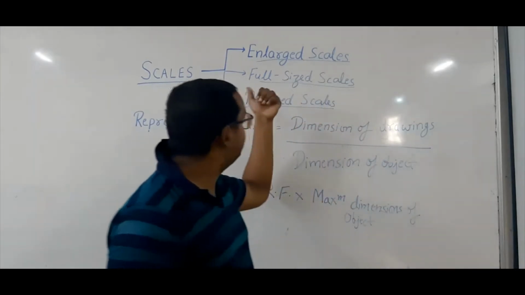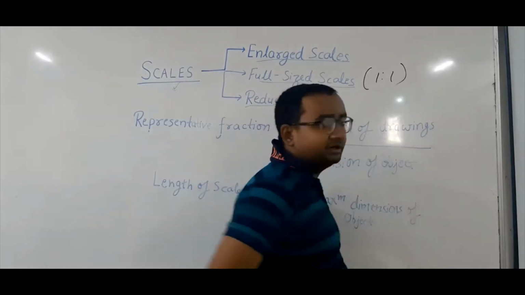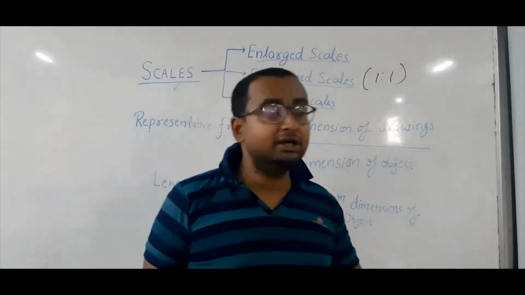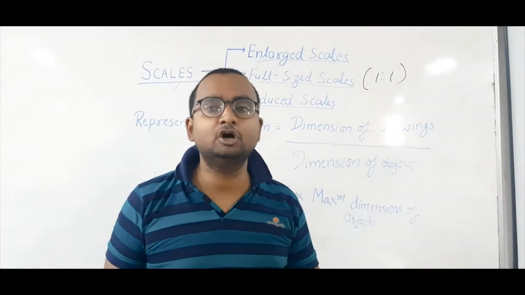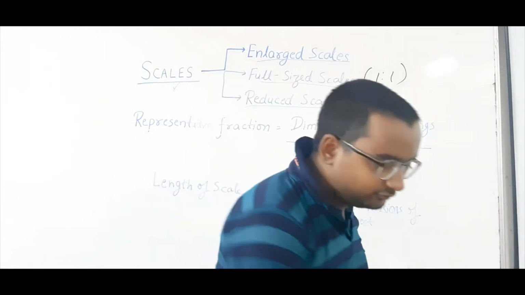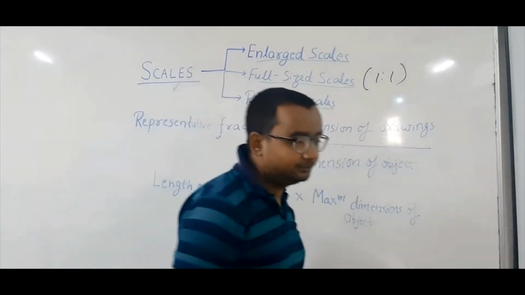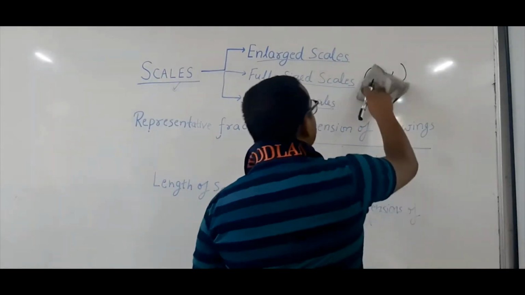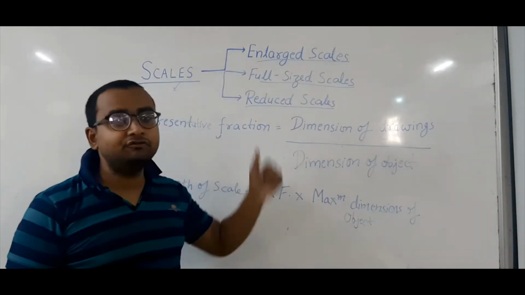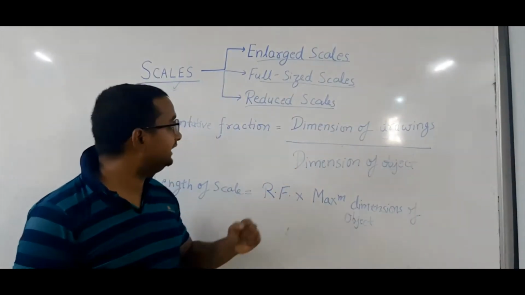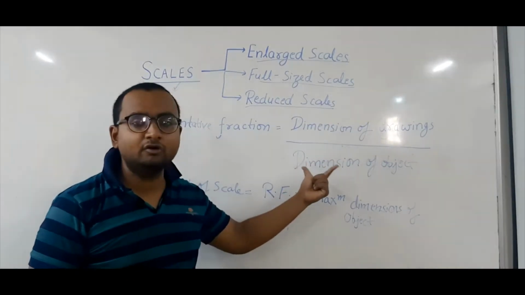Similarly, for full size scale, the RF will be given as 1 ratio 1. As I told you earlier, in full size scale, the dimensions of the drawing as well as the dimensions of the object are the same. So RF will be 1:1 in case of full size scale. While in case of reduced scale, the dimensions of the drawing are smaller than the dimensions of the object.